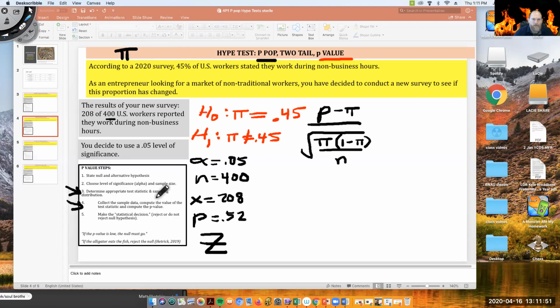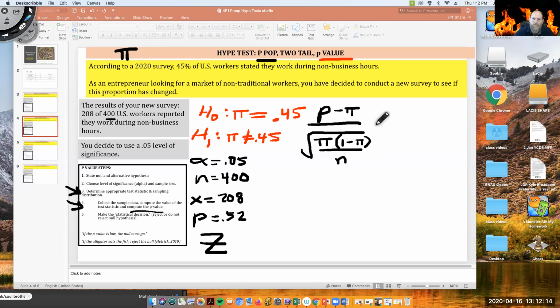Collect the sample data. All right, cool. We have P 0.52. Compute the value of the test statistic and compute the P value. So let's do this first.